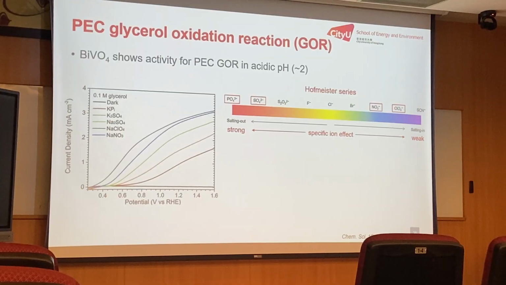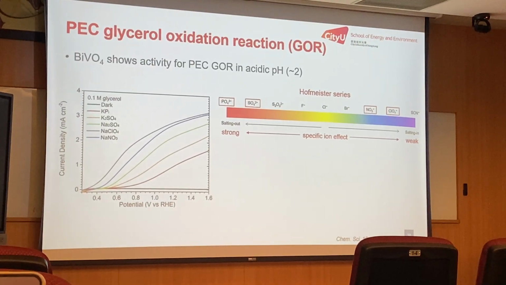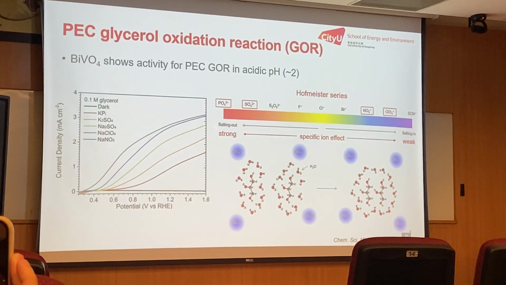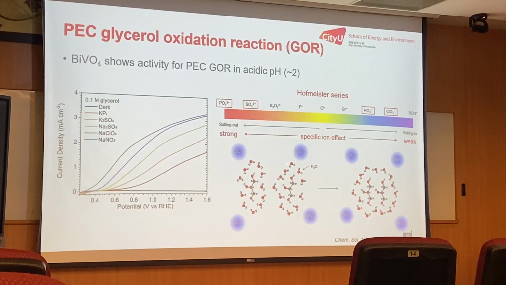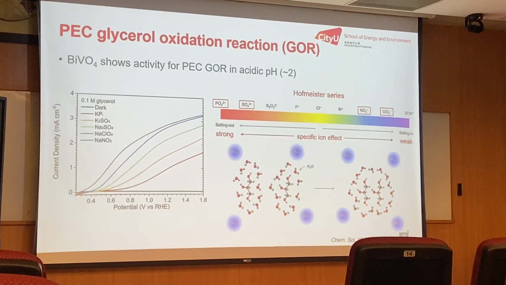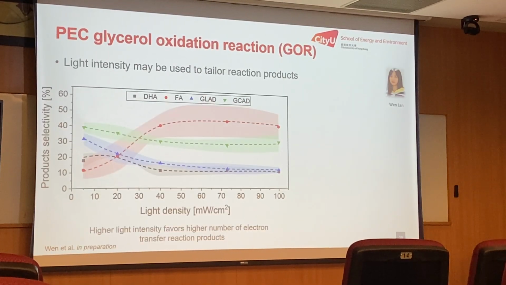We don't know whether this is just a coincidence, but from this correlation, we hypothesize that if you have the ions that are closer to here, the strong specific ion effect, the glycerol will tend to agglomerate and it will bond differently to the surface of bismuth vanadate. But again, this is just a hypothesis at the moment.